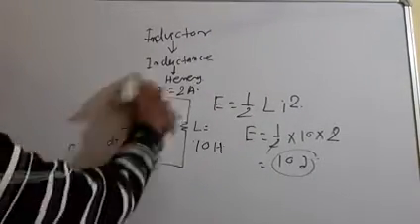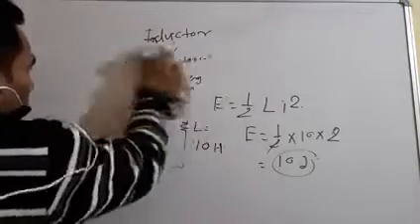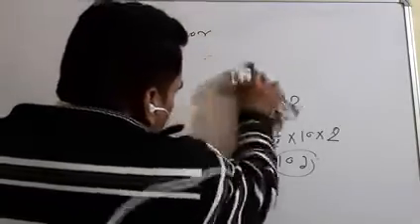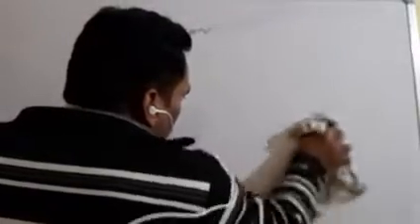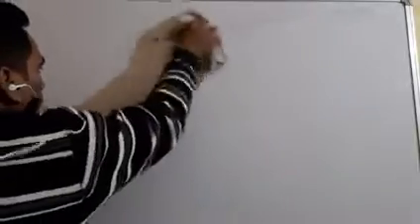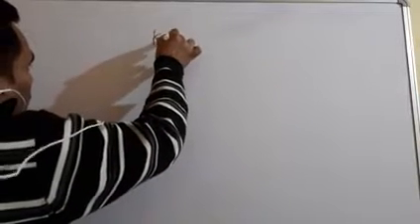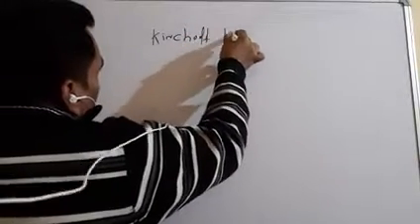Now the next topic is Kirchhoff law. This is a very important law from the point of view of electrical engineering. In Kirchhoff law there are 2 types of law: Kirchhoff current law and Kirchhoff voltage law. I am going to explain Kirchhoff law.